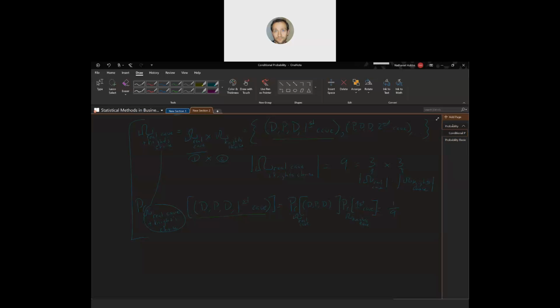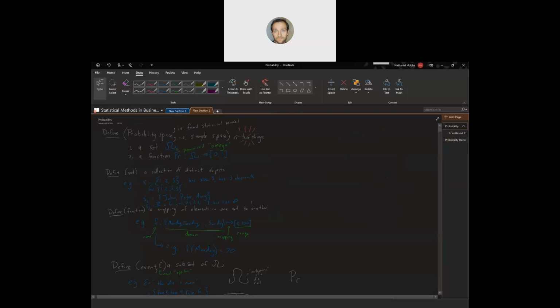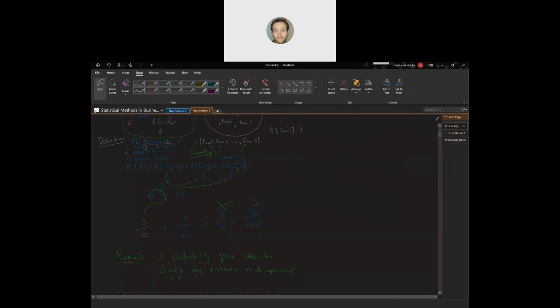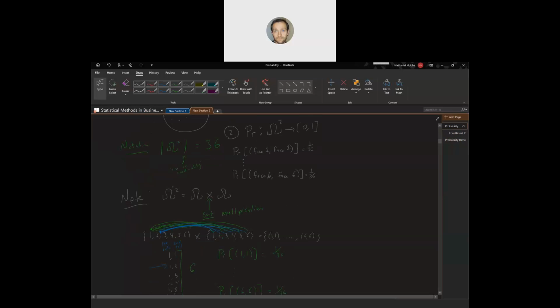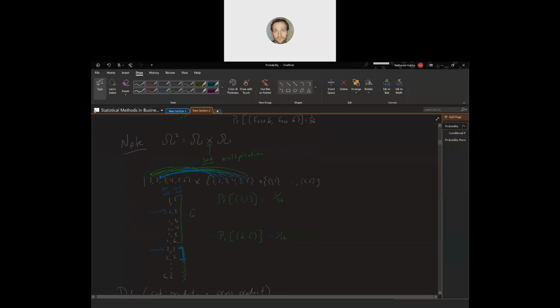You can very quickly, when I talked about joint events, creating a new space from other spaces, you had a number of elements equal to the number of elements from the first set times the number of elements from the second set. And in this case of rolling 2 dice, you would have 36 of these probability functions, one for each of the 36 possible outcomes.